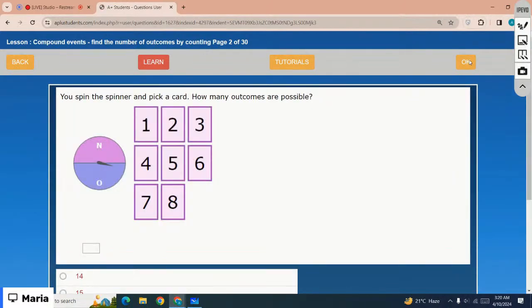You spin the spinner and pick a card. How many outcomes are possible? Which is the correct option?